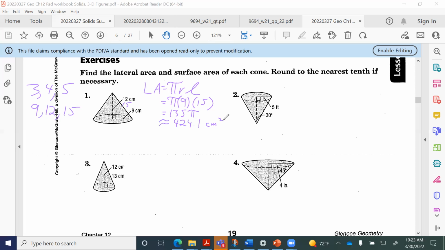Surface area. Again, I need my base. So what's the area of the base? Pi r squared. Radius was 9. 9 squared is 81. Now, most of the time, I find my surface area before I even multiply it out by pi. So I would have done 135 pi plus 81 pi.